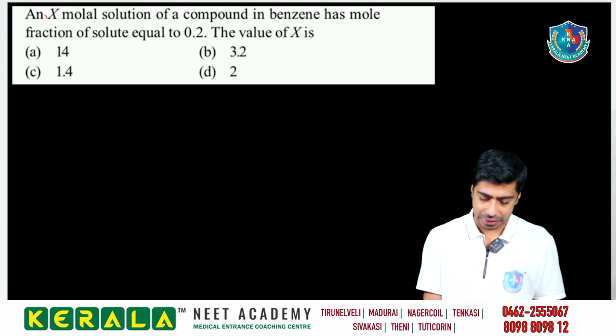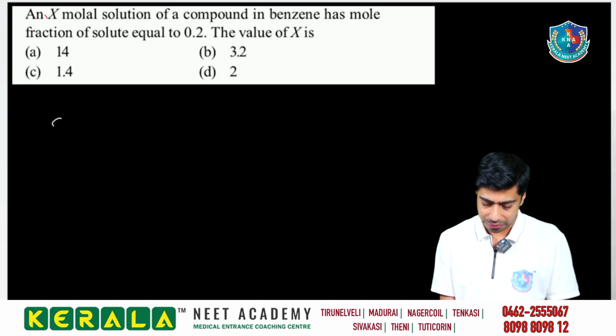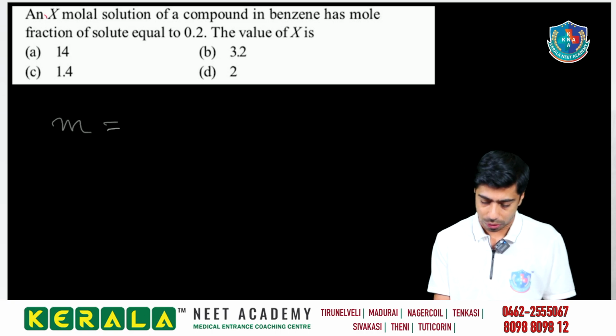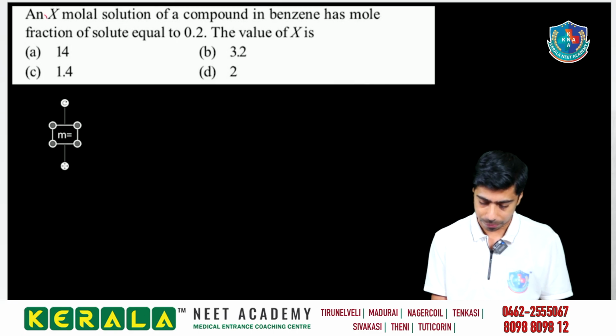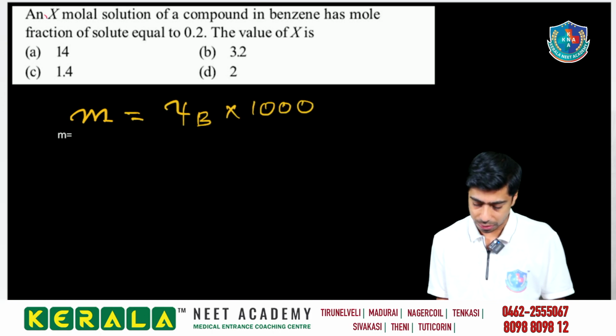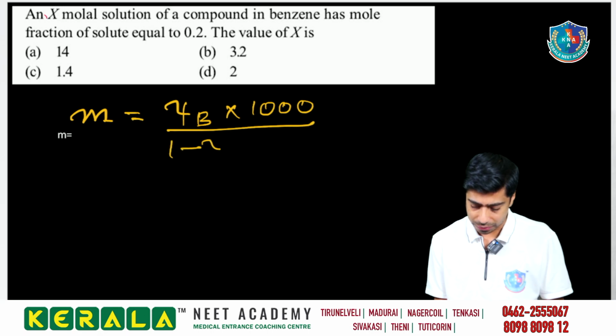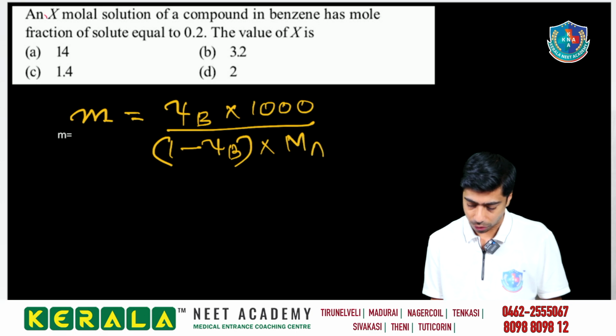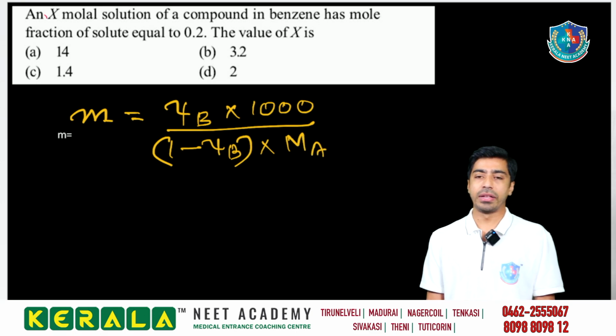The relation is that molality m is equal to mole fraction of solute × 1000 divided by (1 minus mole fraction of solute) × molecular mass of solvent. So you can apply this formula.